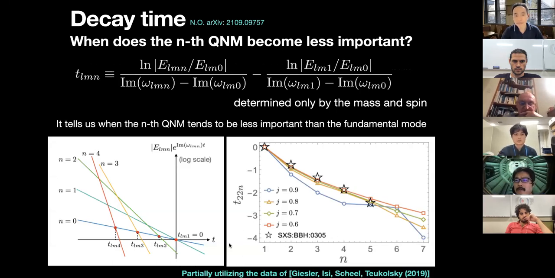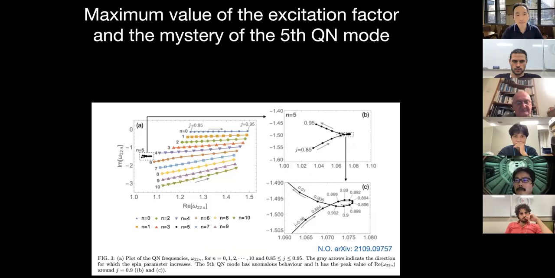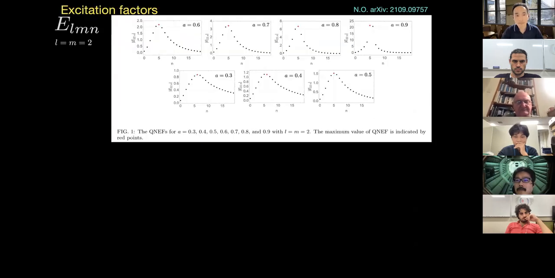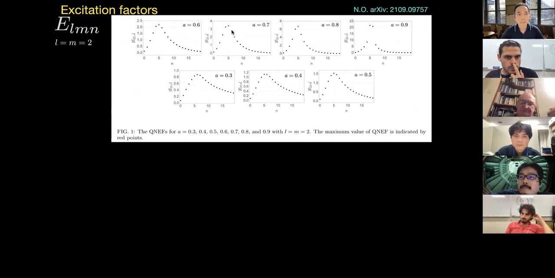So maybe this graph is nice. The fourth and fifth have the highest excitation factors, and the sixth and seventh start to decrease.